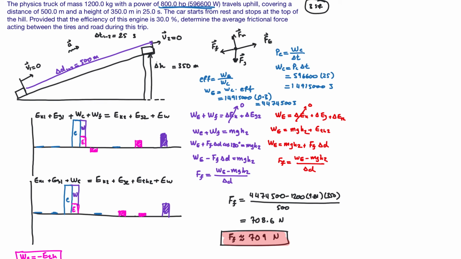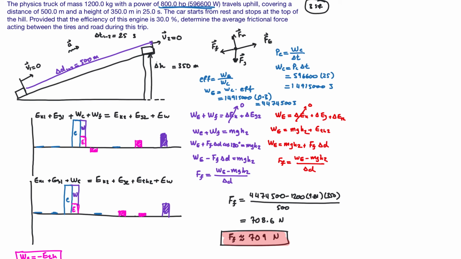And basically the car is able to use this much energy every second, and that's the input energy that goes into the engine. We're going to use C for that. And some of this is going to go to waste. That's the waste here. And some of it is going to go to the engine. And the engine force is going to overcome the frictional force and the components of gravitational force, in this case, that's acting against it. And you can see that here and here using this method, or here and here using the second method.